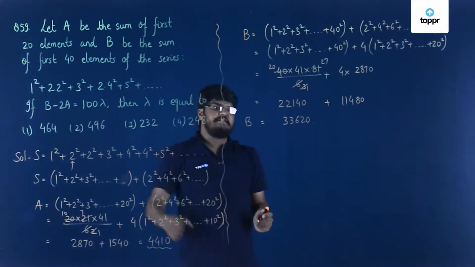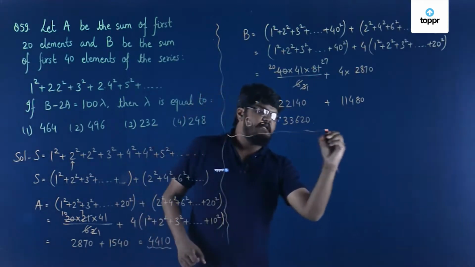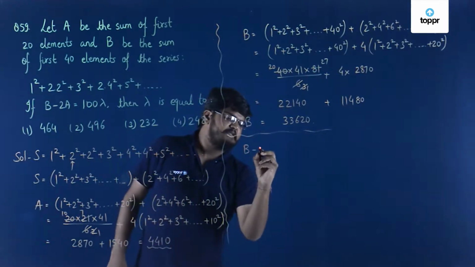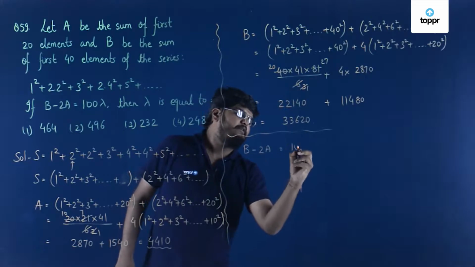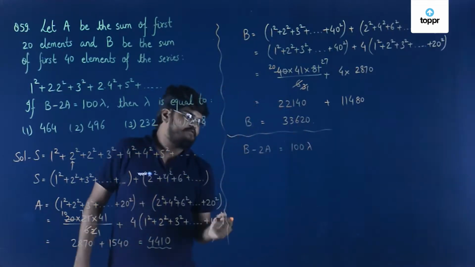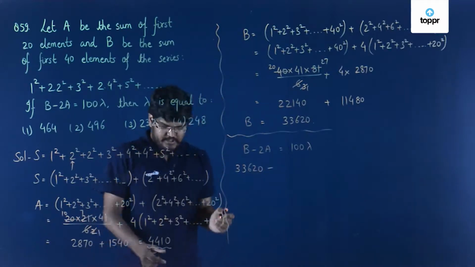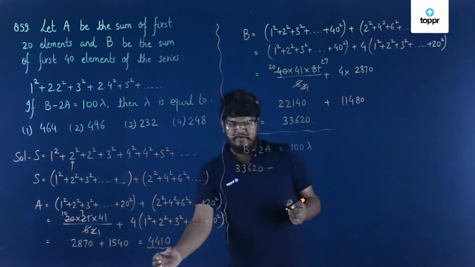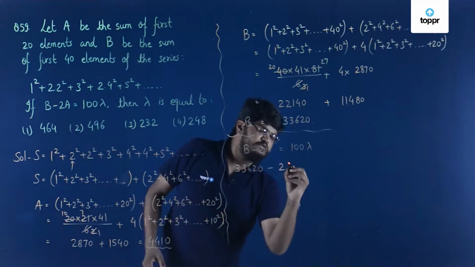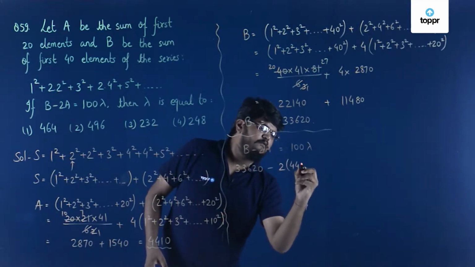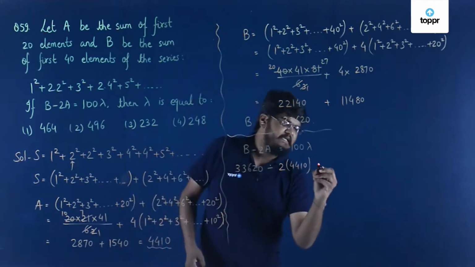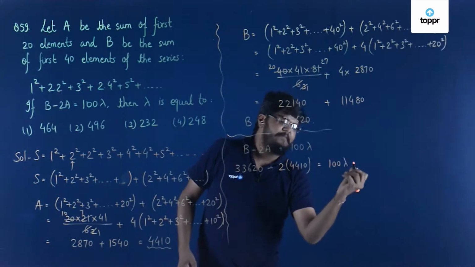Now let us look at the condition in the question. The condition in the question is B minus 2A is equal to 100 lambda. Let's substitute the values. 33620 minus 2 times 4410 is equal to 100 lambda.